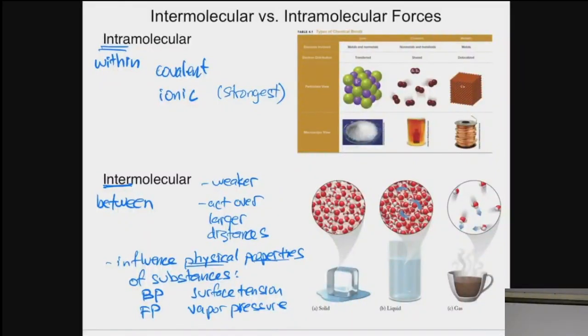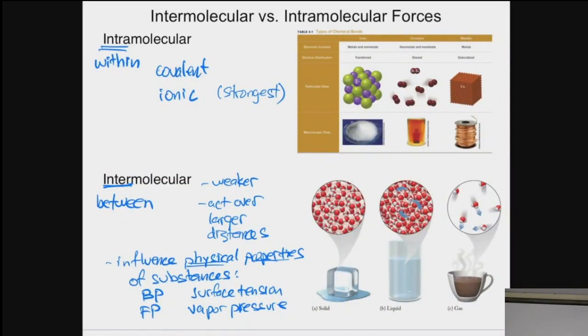And even though I said I wouldn't define everything for you, I'll just remind you that a physical property is something that you can measure in a substance, but the actual substance itself is not changing what it is.